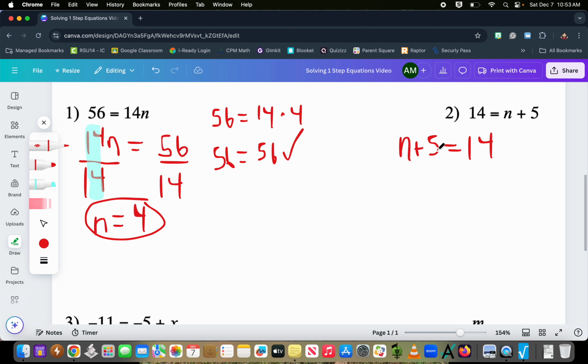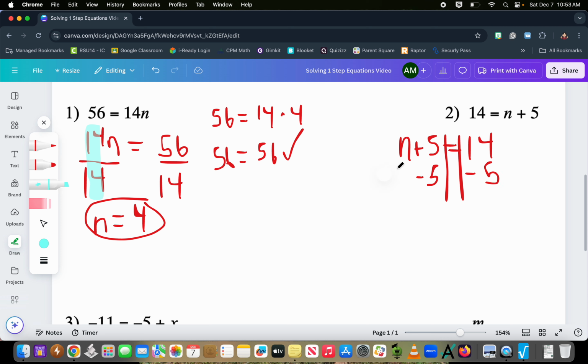And the next step is to figure out what the opposite of that is. Well, the opposite of addition is subtraction. So to both sides, I am going to subtract 5 and subtract 5 over here. We have to do that to both sides so that we maintain balance.